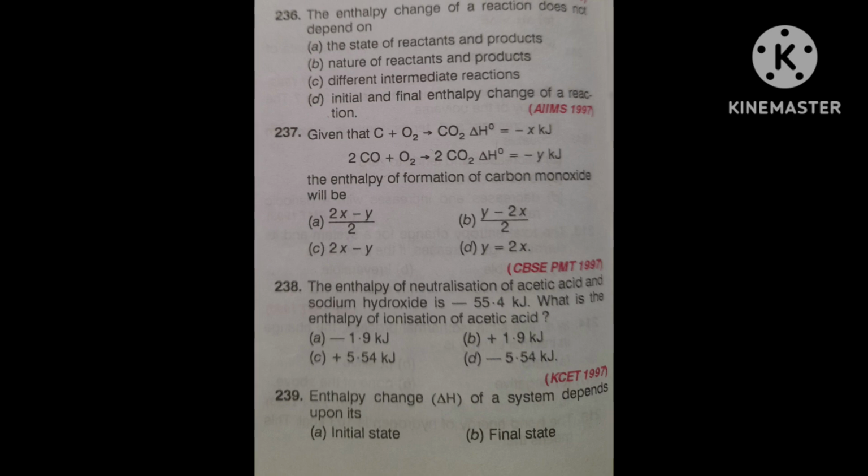After solving, you will get minus x plus y by 2, that is y minus 2x divided by 2. Again, listen carefully: C plus half O2, that is the CO.